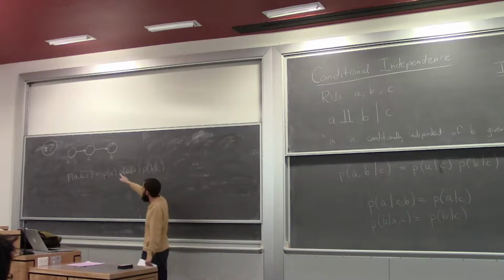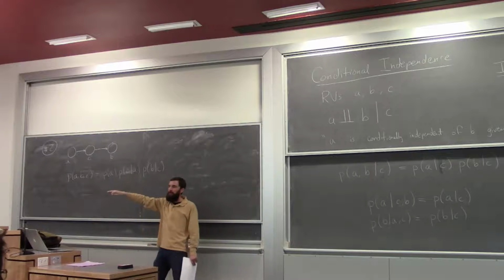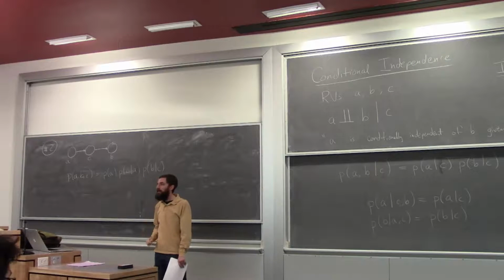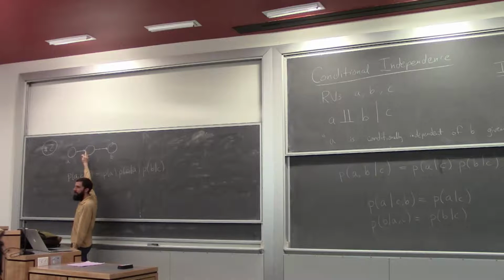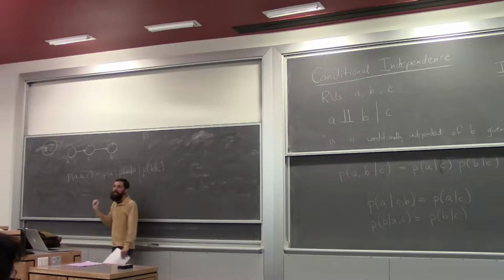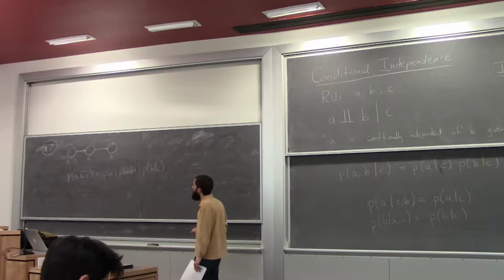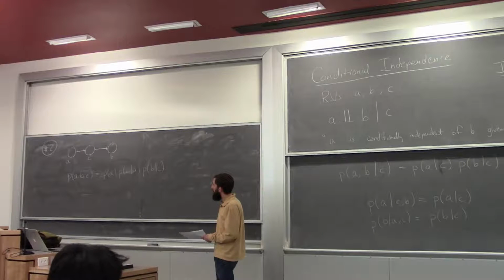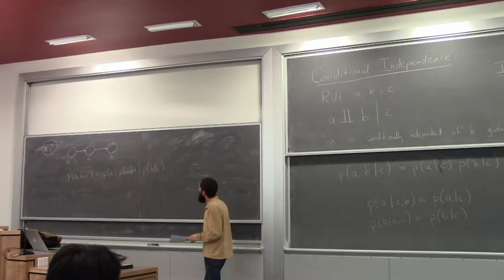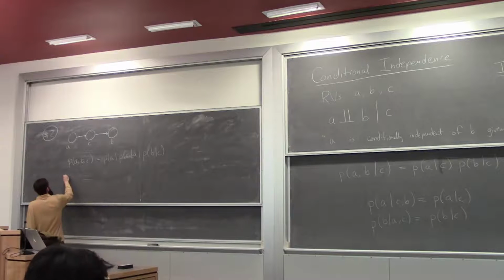Just think of these arrows, these conditional distributions, as a flow of information. Yeah, dependent, right? Because A influences C, and then C influences B, so there's some kind of information flowing from A to B there.